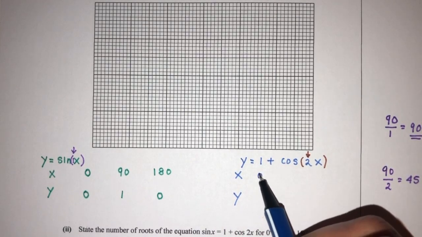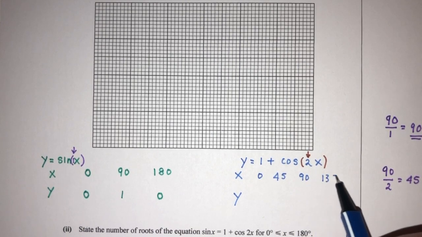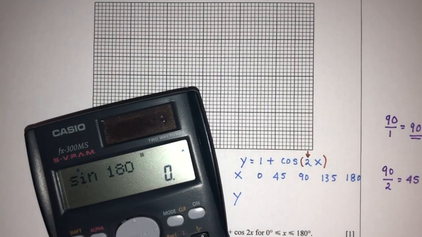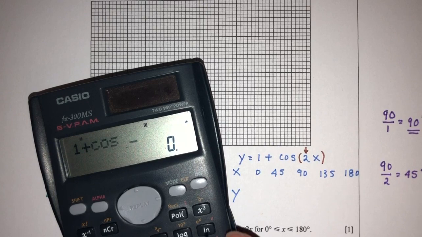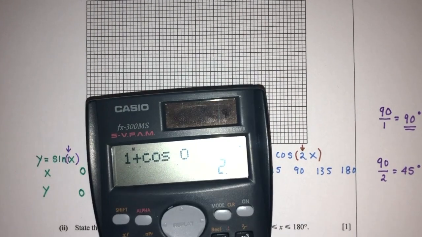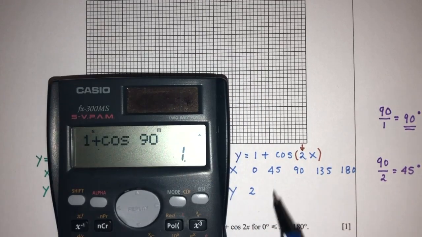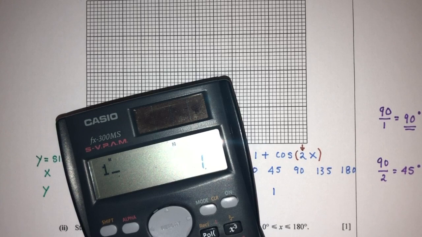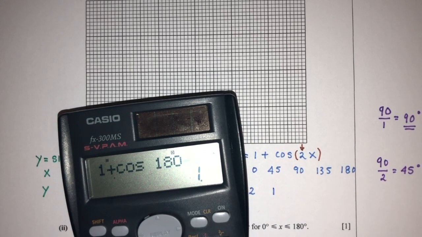Begin with 0, obviously, then 45, 90, 135, and 180. Let's see what the values are for this one. 1 plus cos 2 times 0 is 0, that will be 2. 1 plus cos 2 times 45 is 90, that will be 1. 1 plus cos of 180, since 2 times 90 is 180, that will be 0 again.